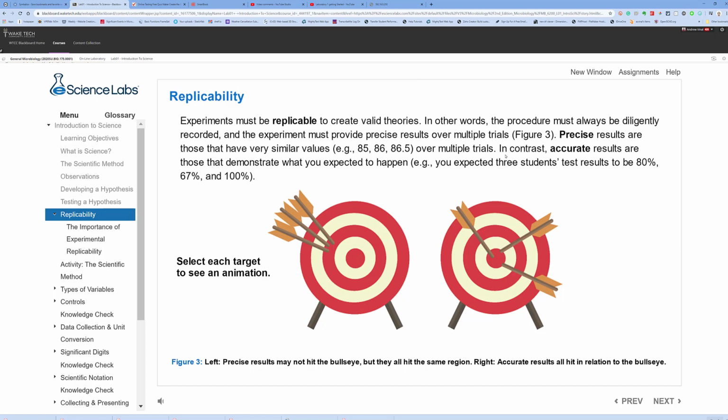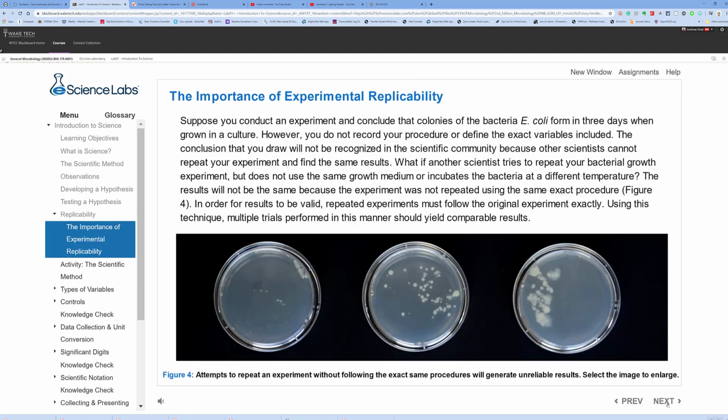In contrast, accurate results are those that demonstrate what you expected to happen. You expected 3 students' test results to be 80, 67, and 100. So there is a difference between precise, where values are very similar, and accurate, which is right on the bullseye. So I hope that makes sense.